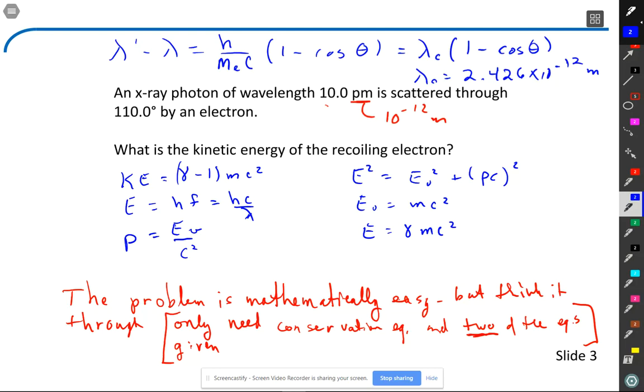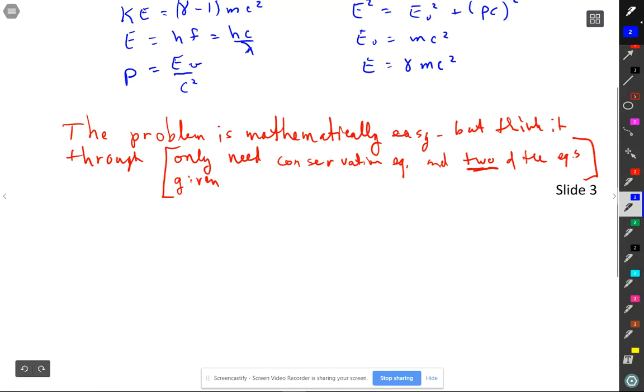The reason we're not quite conserving mass is because some mass is converted to energy and vice versa. And in this process, we're going to have a slight change in the mass of the electron because the electron is changing its total energy. So we're going to start with conservation of energy.